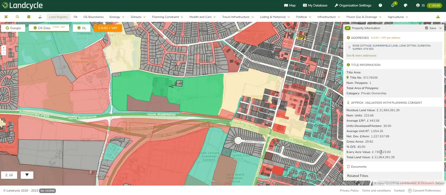And this is one of the fundamental problems of housing delivery in this country. It's not that local authorities are not willing to release land for housing. In a lot of cases they are, and it's not the case that house builders necessarily land bank land that they've already achieved planning permission on.